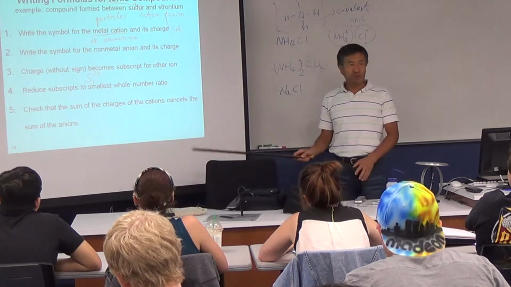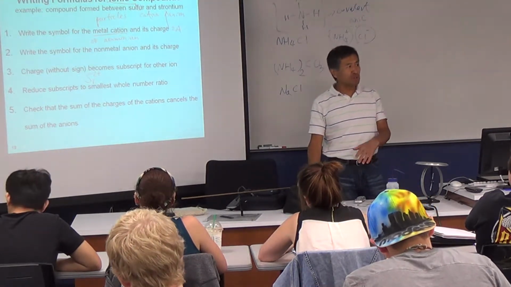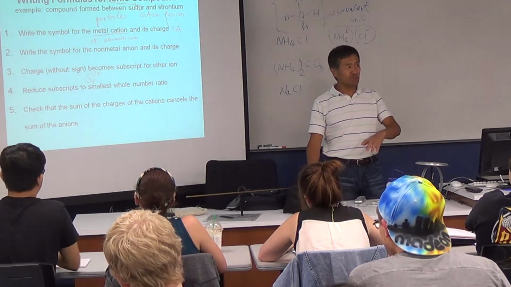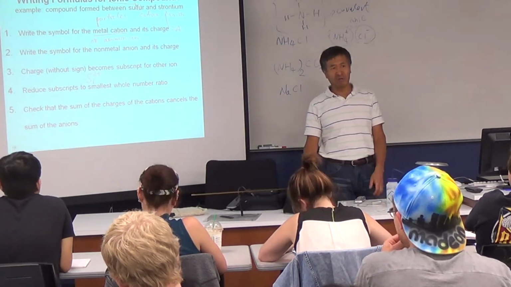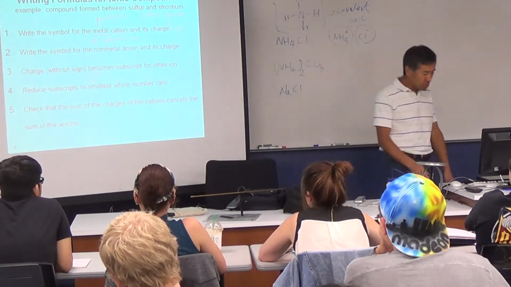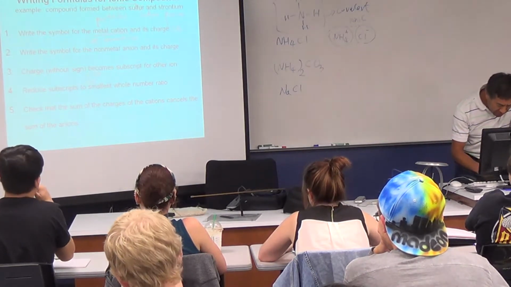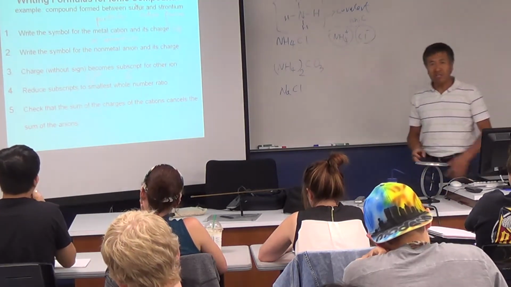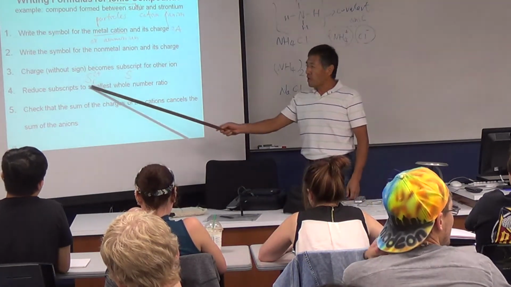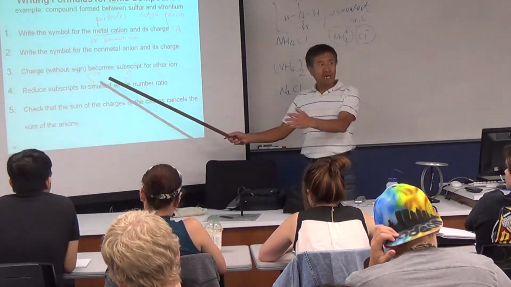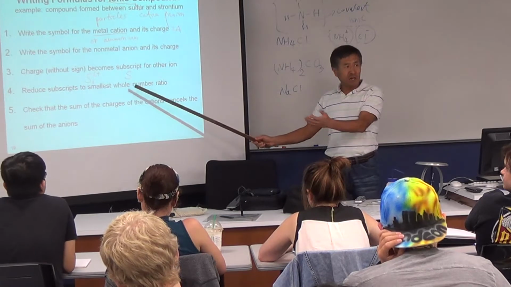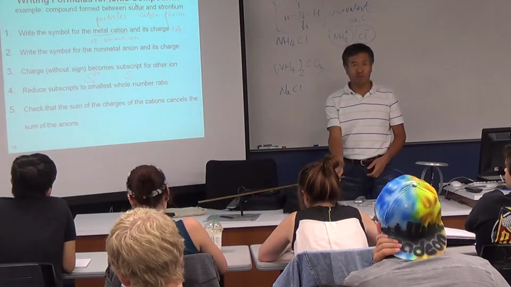Right? So again, if those non-metals are by themselves, not fused together, just one type and one atom by itself, it can usually produce an anion. Right? So our non-metal in this case is S, and I write in this sequence. I write that positive ion first on the left side, and I will write that negative ion on the right side, and this will be the right way to write the formula.